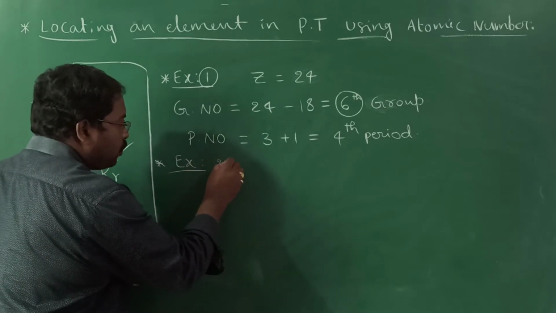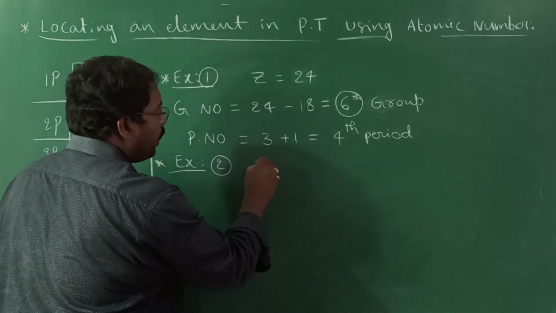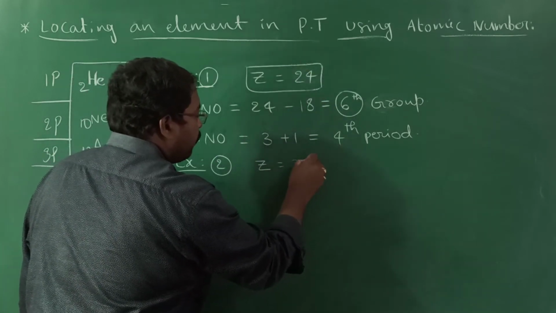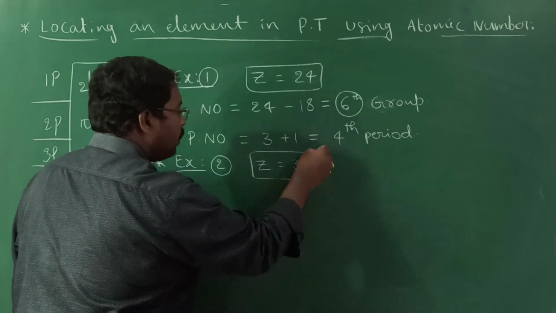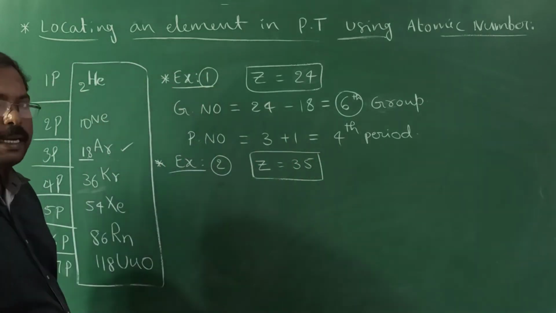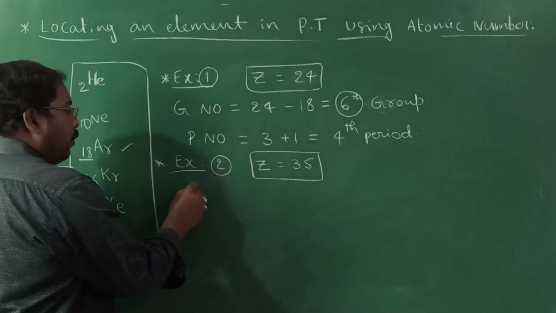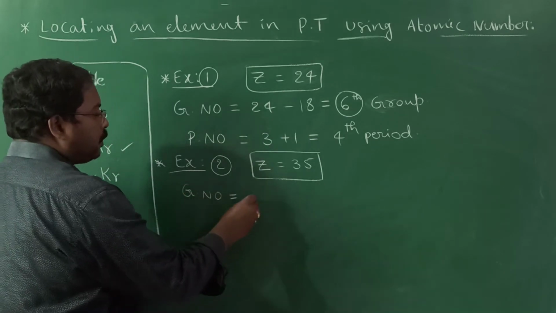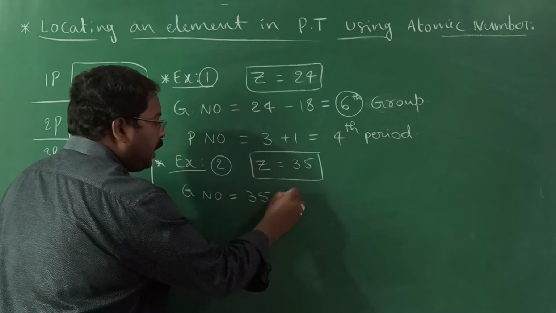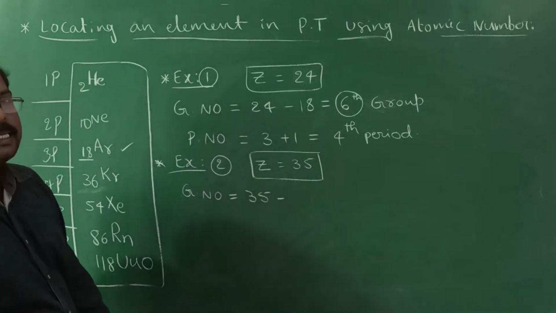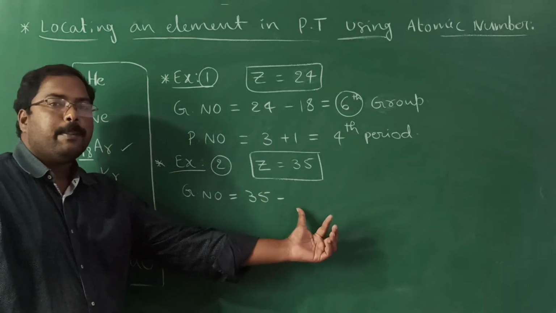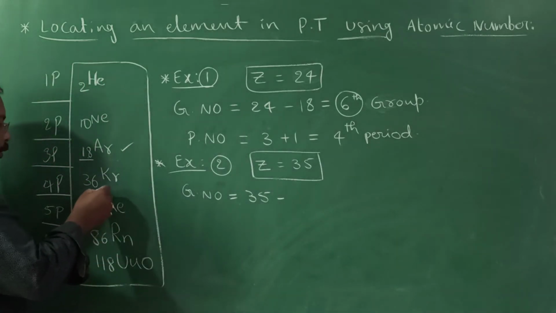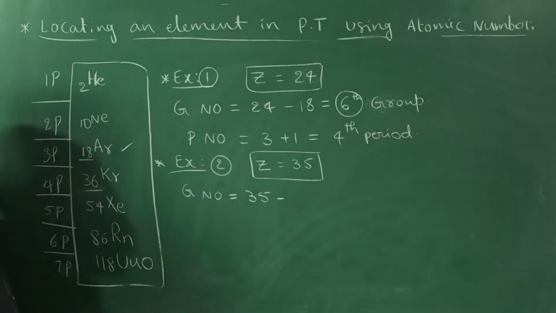Now, let us look at another example. Example number 2: I am going to take the atomic number 35. Now I want to find the group number. The group number is equal to the atomic number of that element minus the atomic number of the nearest noble gas. Nearer to 35 we have 36. Can we take 36?